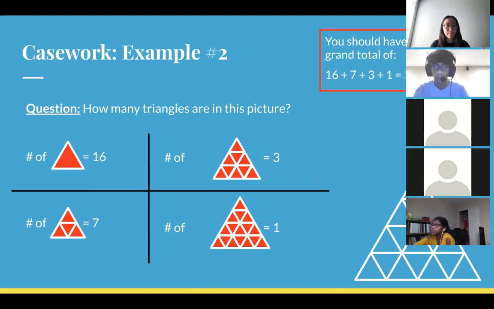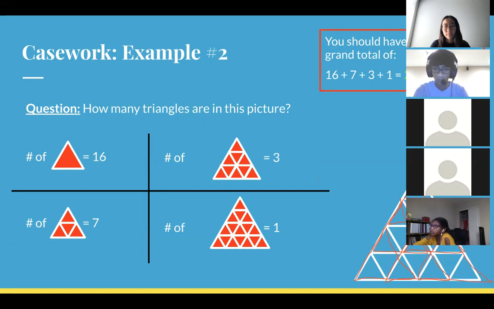Okay, so this is one triangle that's made of 4, and then here's the second. Then here's the third. And here's the fourth. Fifth. Sixth.